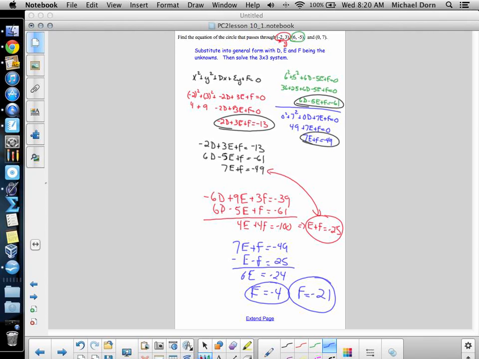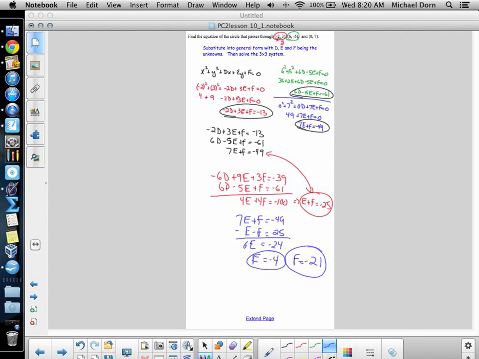Now I've got E and F. I can substitute into one of these equations to find D. You remember this process? It's long, isn't it? It's not hard, but we got to be careful. So let's take the first one. So negative 2D plus 3 times E, which is negative 4, plus F, which is negative 21, equals negative 13.